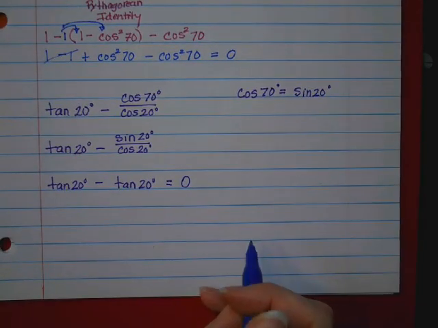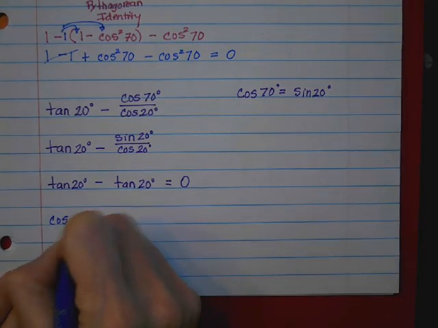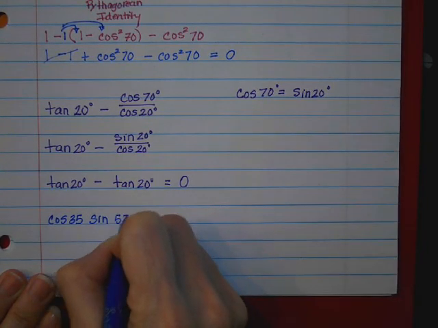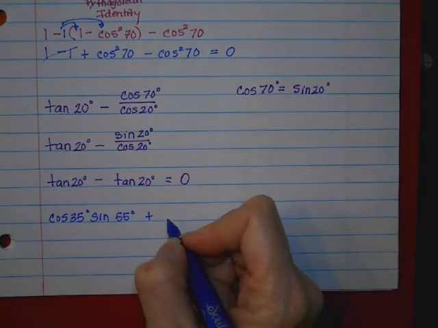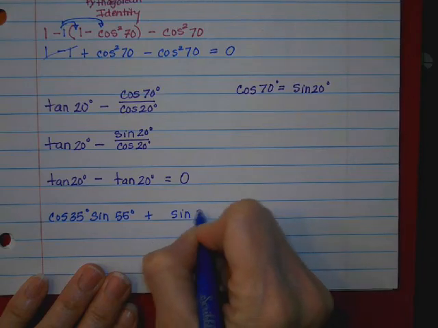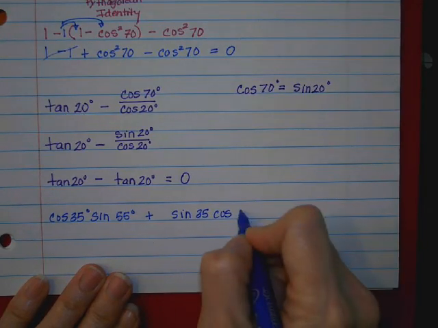All right, so here we go. We're going to put cosine of 35 degrees times the sine of 55 degrees plus the sine of 35 degrees times the cosine of 55 degrees.